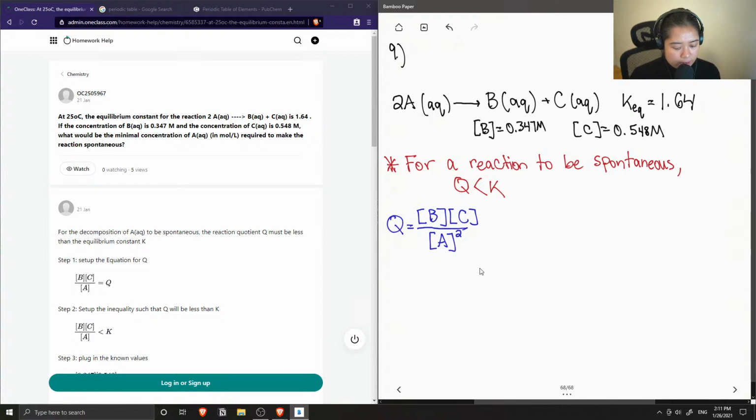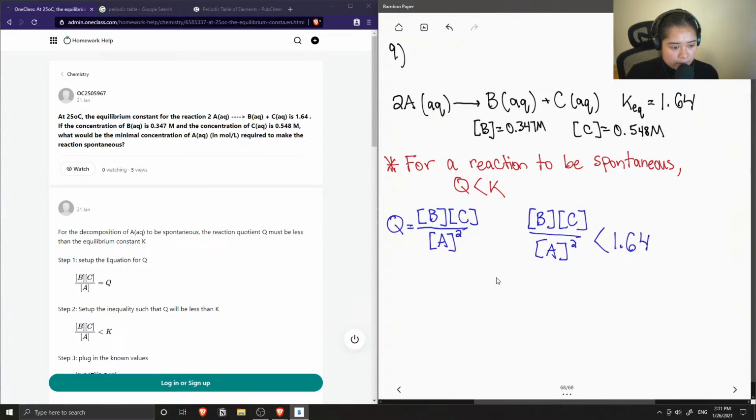So now this is our value for Q. And we're also given our K value, which is the equilibrium constant, and it's equal to 1.64. So therefore, Q needs to be less than 1.64.